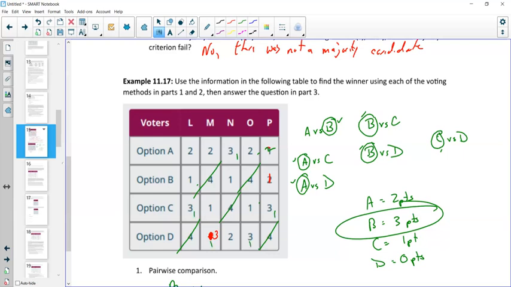Second place gets 2. And first place gets 3. And we add it all up. A gets 9. B gets 9. C gets 8. And D gets 4. So in this case, it's a tie between A and B.